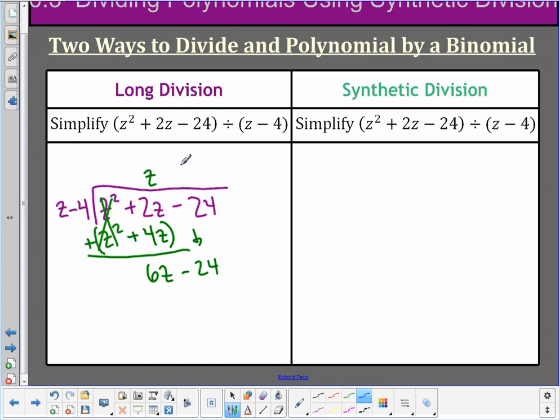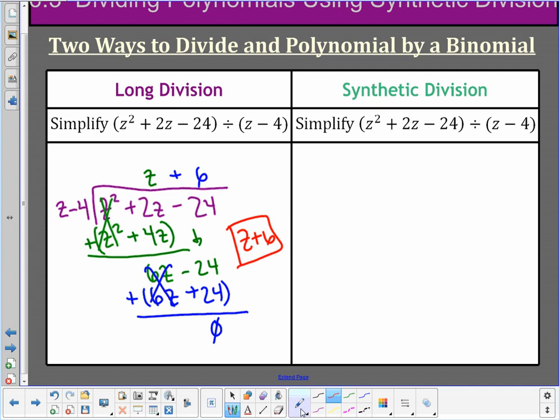So I'm going to multiply by positive 6. 6 times z is 6z. 6 times negative 4 is negative 24. Subtract those two. Make those go away. And then negative 24 minus a negative, yay, we have no remainder. So our quotient here ended up being z plus 6.